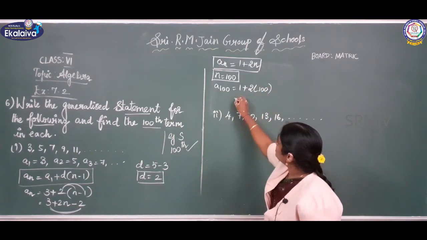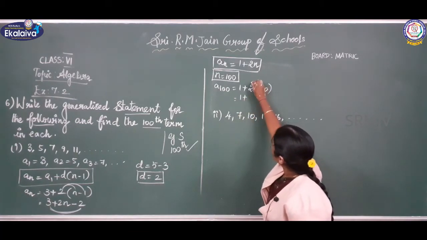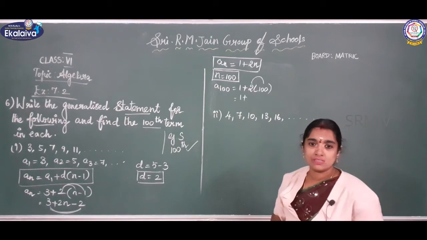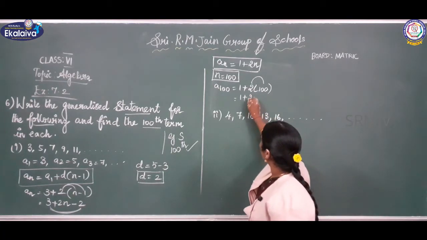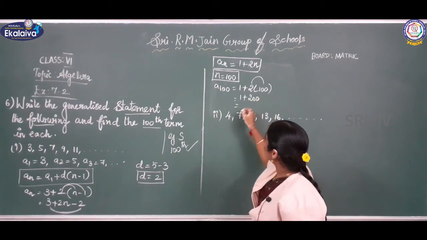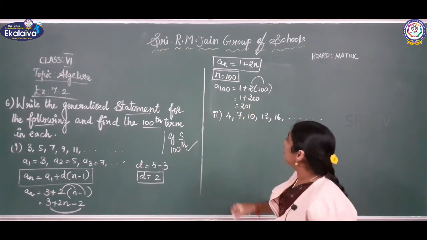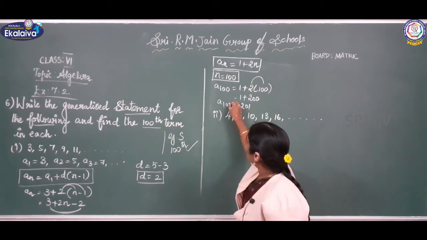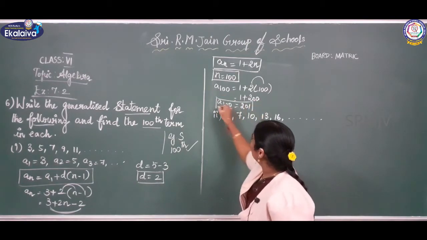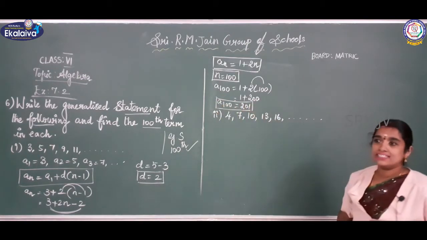Okay, now listen, 1 plus 2 into 100, which is what? 200. Okay, now 1 plus 200, which is what? 201. So this is your 100th term value. Is it clear? Is it clear, children?